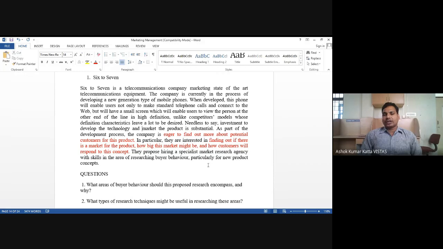So if you want to conduct market research, what kind of research will you follow? But in the case study, in the last but one line, they mentioned they propose hiring a specialist market research agency. So they themselves can go for market research, or they can give it to the agency. The agency will follow different kinds of techniques.